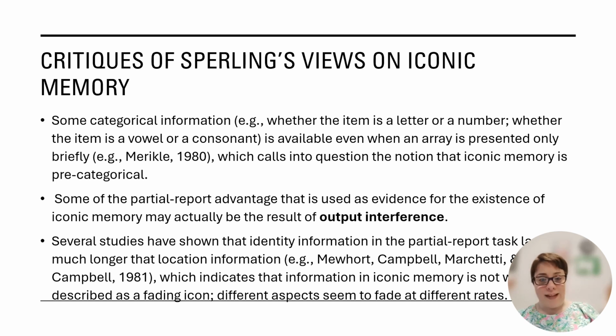So Miracle 1980 demonstrated that even when you presented the visual array very quickly, around 500 milliseconds, people could still indicate what type of stimulus it was, whether it was a letter or a number. Which calls into question the notion that iconic memory is pre-categorical. Right? If people can identify the category of the stimuli, that means it must not just be raw sensory information, it must also have been processed in some way.